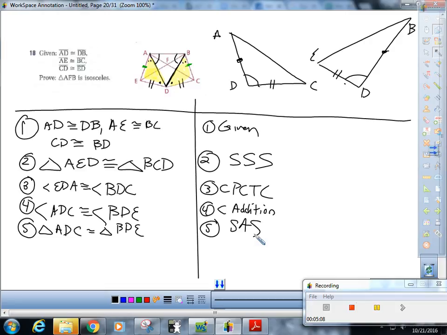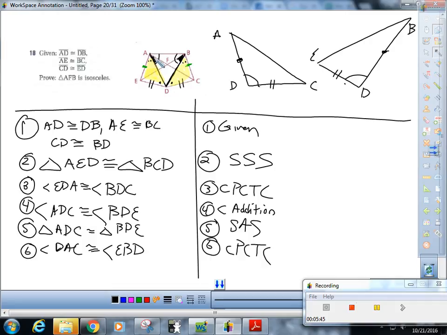So now I'm going to say that angle DAC is congruent to angle EBD by CPCTC. So now I've got that angle congruent to that angle.